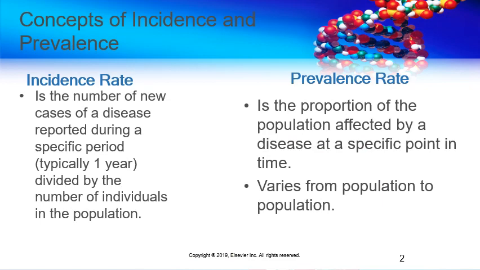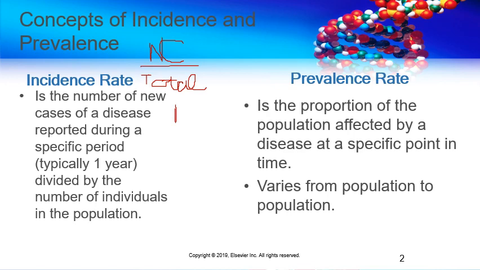How do we know how many people have diabetes and how widespread it is? We use two different rates. We have the incidence rate, which is the number of new cases of a disease over the number of individuals in the total population, okay?